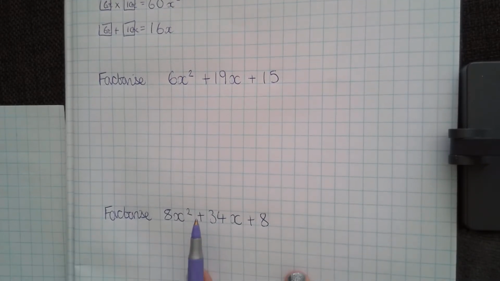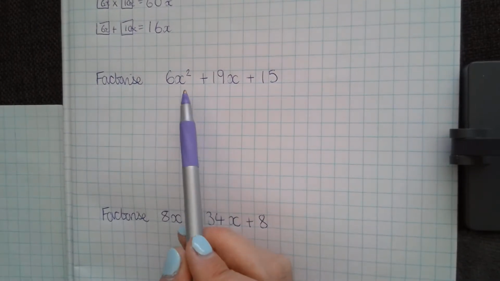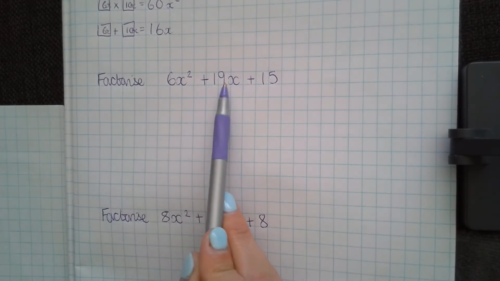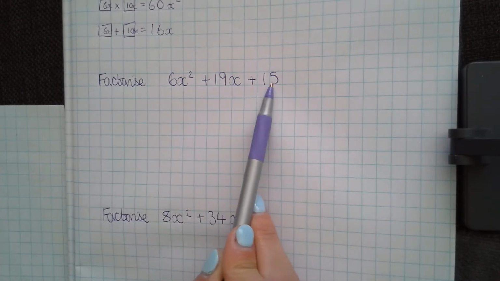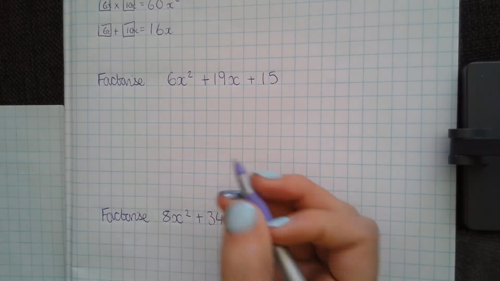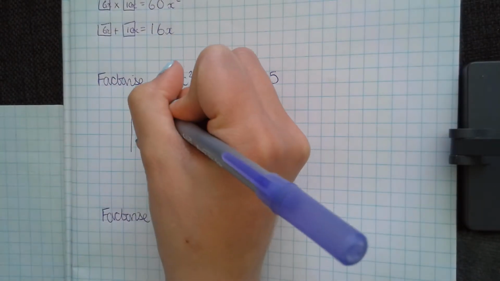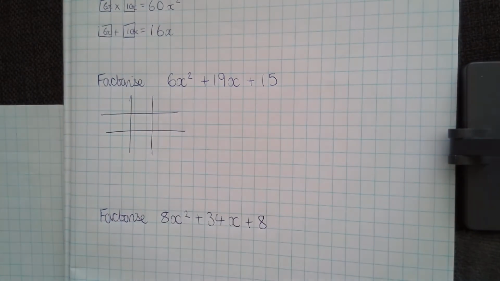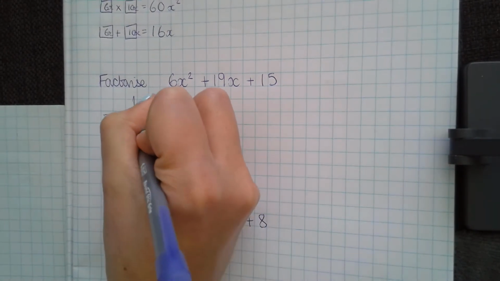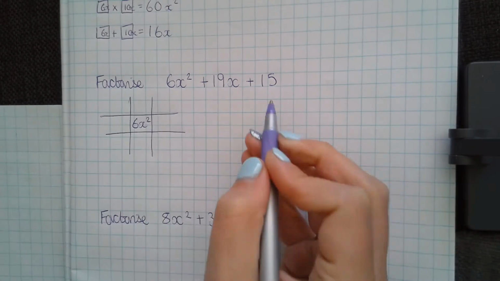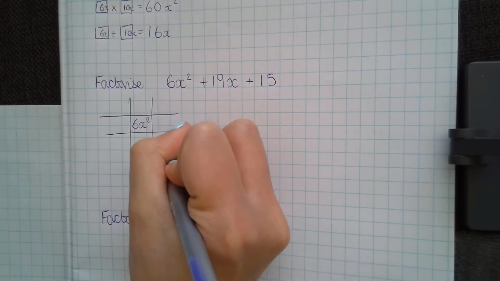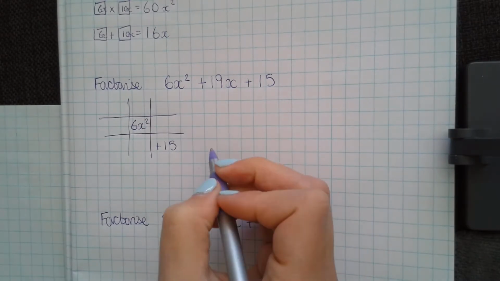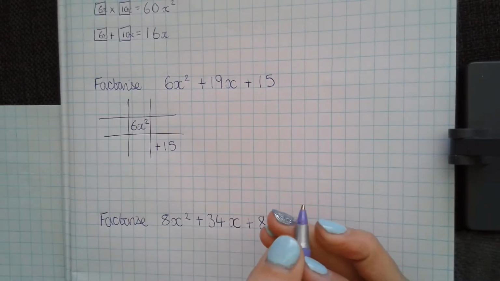So moving on to question 2. There are no common factors of 6, 19 and 15. So we can just get straight on with the question. So again, factorise means put into brackets. So we're going to use our backwards kind of grid method. The x squared term always goes in here, and the figure on its own always goes in here. That diagonal is the same times together as that diagonal times together.